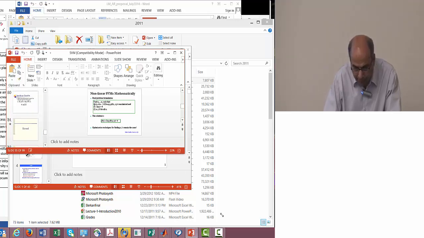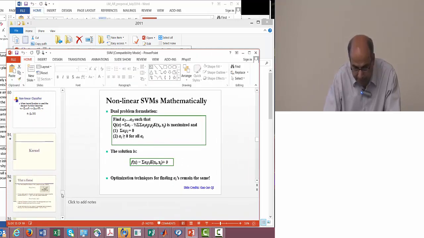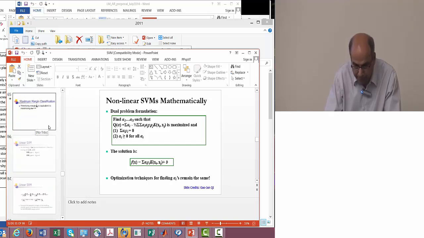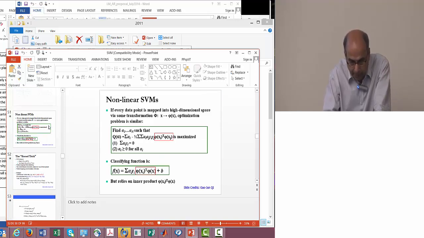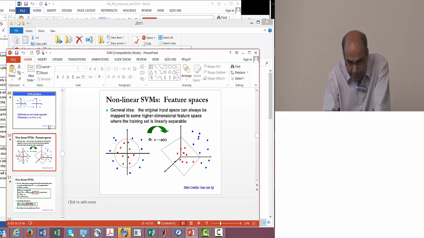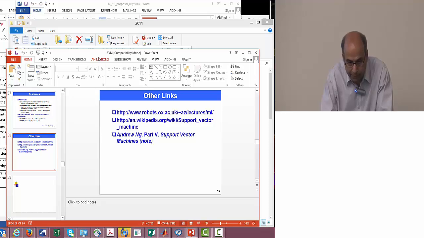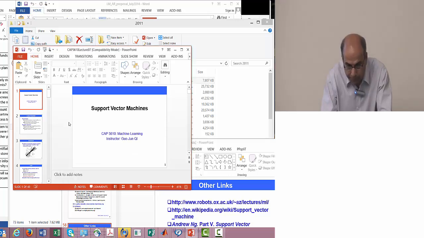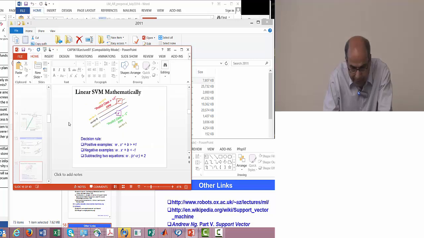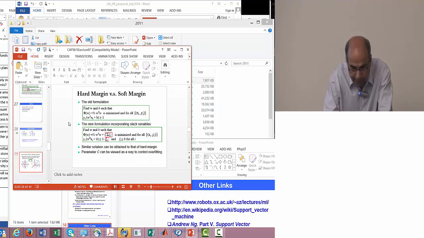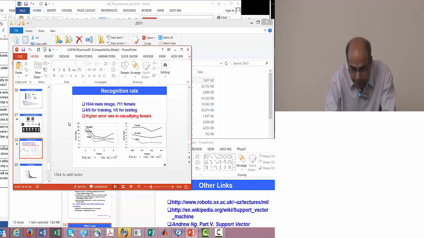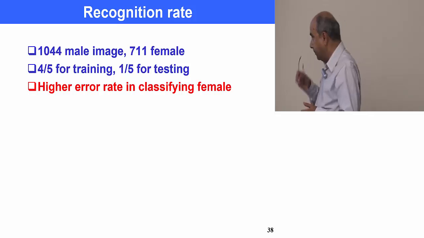So he looked at this face gender recognition problem. There was some paper, and they did some study there. This is not mine. Yeah, I think I'm getting confused here. This one. So that gives you some idea about the kernels and how you select. So here is an example.